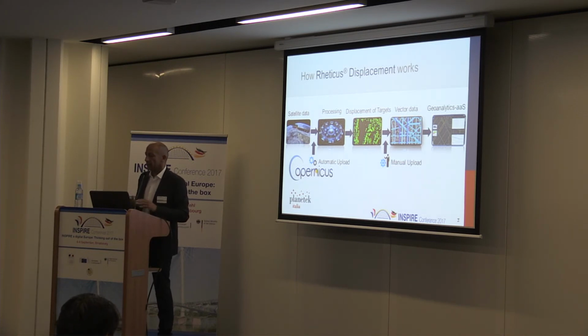It's based on a workflow that automatically catches the satellite data of the area we want to monitor from the Copernicus scientific data hub, processes this information, creates these displacement targets and points, combines it with vectorial data from INSPIRE, for example like the water network, and provides this geoanalytics as information services.